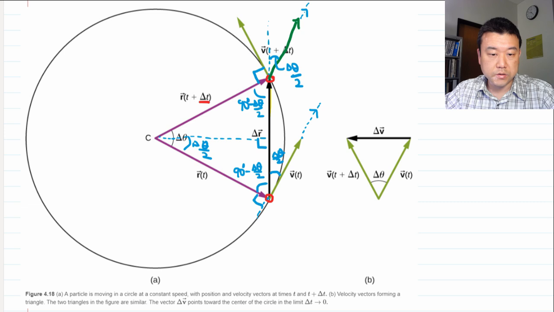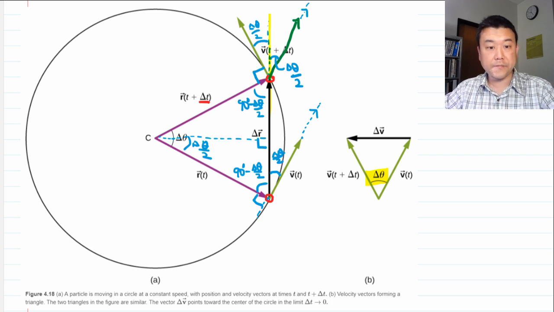Looking at this straight line, the angle here, when added to the other two angles, should be 180 degrees, which means the only angle this can work out to is delta theta over 2. And that's how you get this figure here, with delta theta between the two velocity vectors.